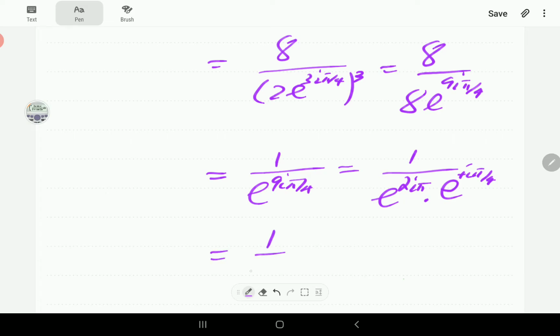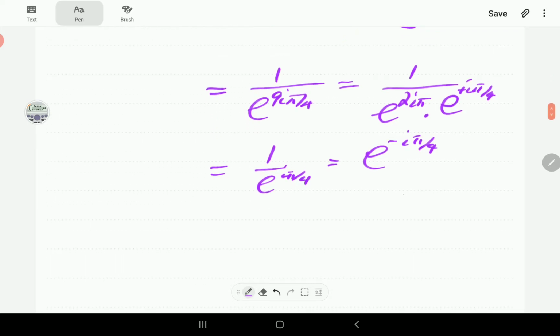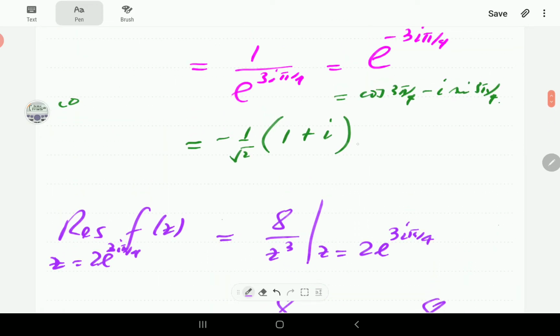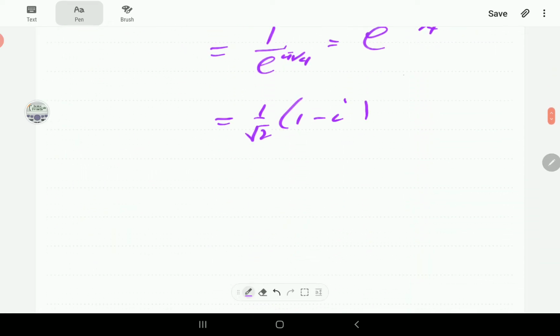So this thing is just 1 over e to the i pi on 4. So it's e to the minus i pi on 4, which is in the fourth quadrant. So this one is 1 over root 2 times 1 minus i.